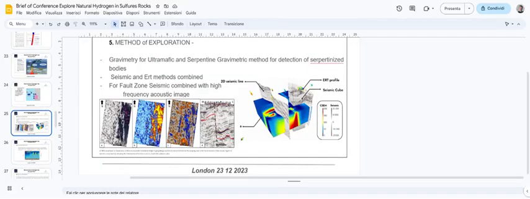For seismic, for line faults, we recommend, for example, combining seismic with high frequency acoustic imaging. There is an example of a recent acquisition that combines seismic and acoustic imaging. With high frequency acoustic, we can find very small layers with seepage of natural hydrogen.